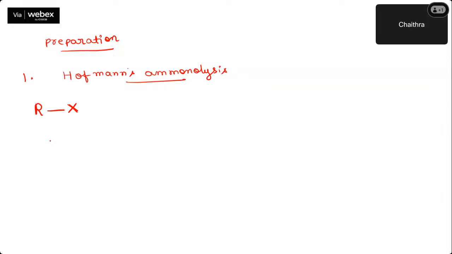Alkyl halide. So this is an alkyl halide I have taken. I'll treat this alkyl halide with ammonia, alcoholic ammonia. Alcohol is the solvent for the reaction. Over the arrow, I'm writing 373 Kelvin as the temperature. You have to maintain this temperature. You have to conduct this reaction in a sealed tube.